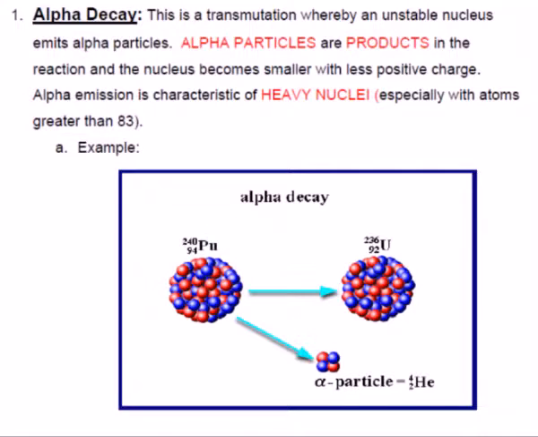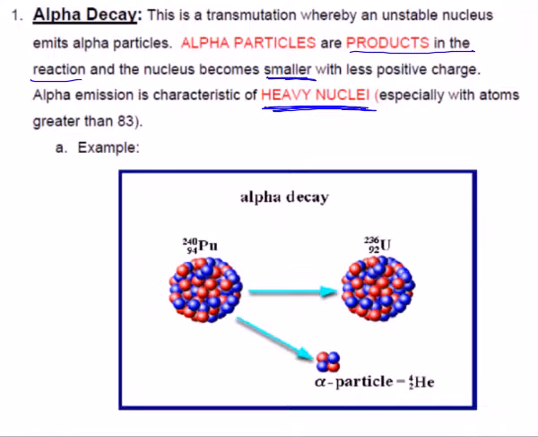Our first mode of decay, guys, is the most common one, alpha decay. It's a transmission where an unstable nucleus emits alpha particles. Alpha particles are products in the reaction, and the nucleus becomes smaller, with a less positive charge. Alpha emission is characteristic of heavy nuclei, again, especially those greater than 83.